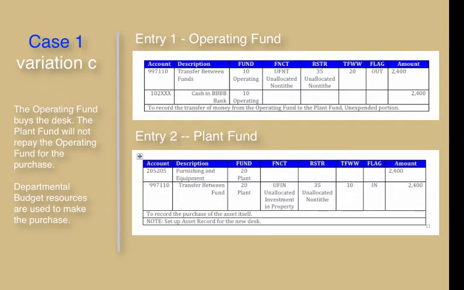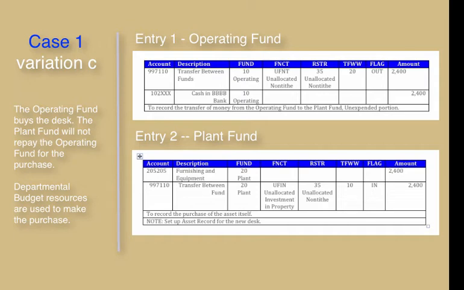Next, we'll need an entry on the plant fund side, and the debit here would go to account 205-205, the furnishing and equipment account, with a fund of 20. The credit side would be to account 997110, transfer between funds. The fund will be Fund 20.